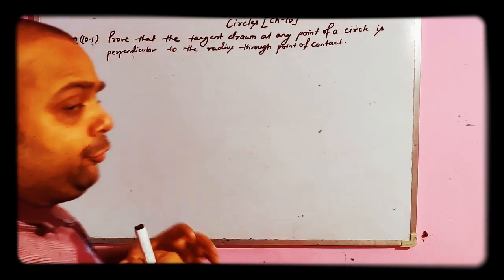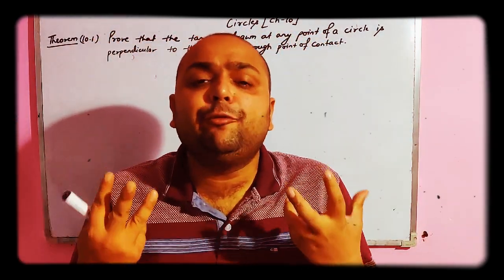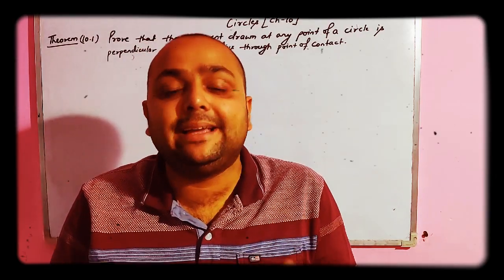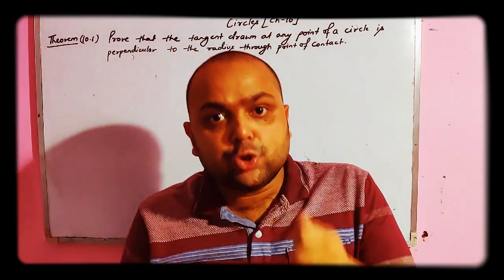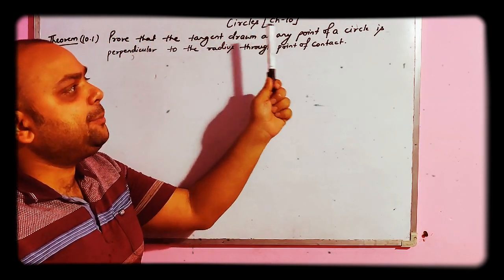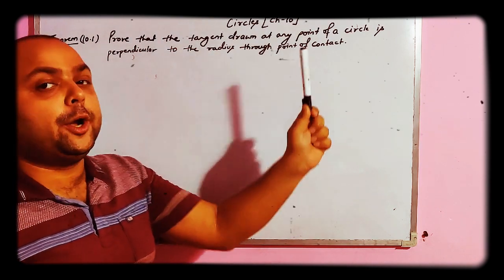So now we are going to prove the theorem. The first theorem states that the angle formed by the radius at the point of contact is always 90 degrees. The question says: prove that the tangent drawn at any point of a circle is perpendicular to the radius through the point of contact.